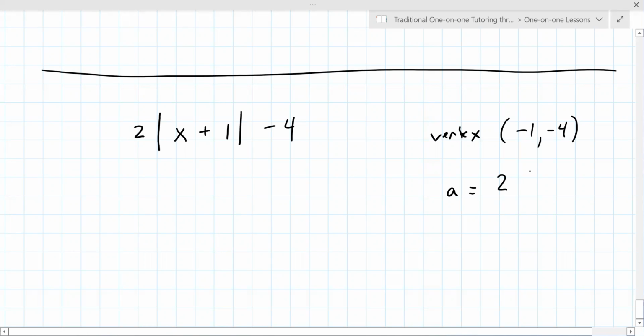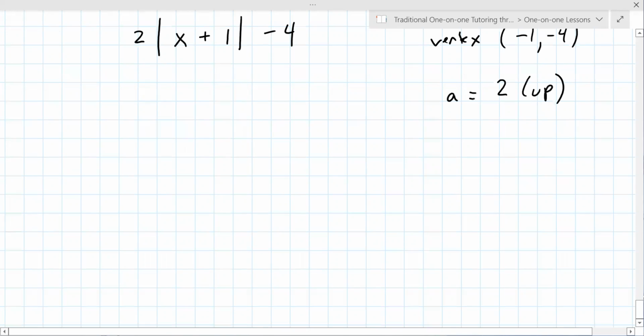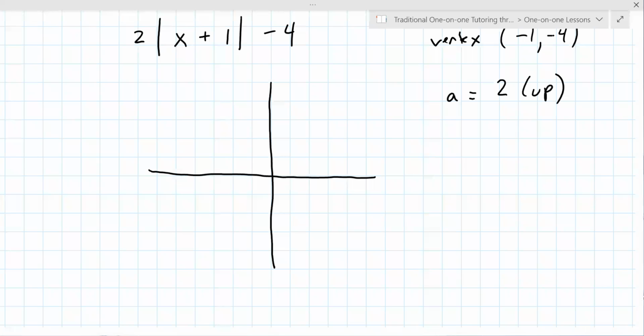So does this open up or down? Up. Okay. So I want you on your paper, or you can visualize it here, to draw the vertex point, and then decide which way the graph goes. We've done a couple examples like this.